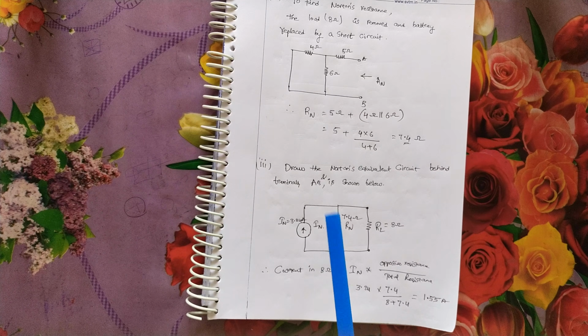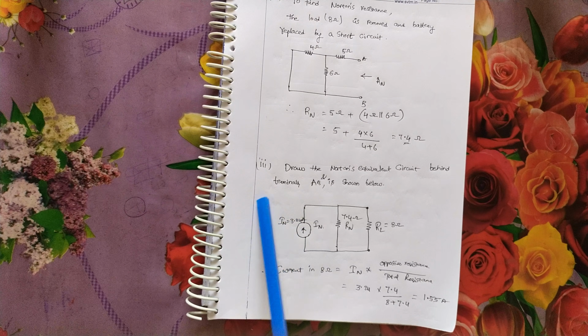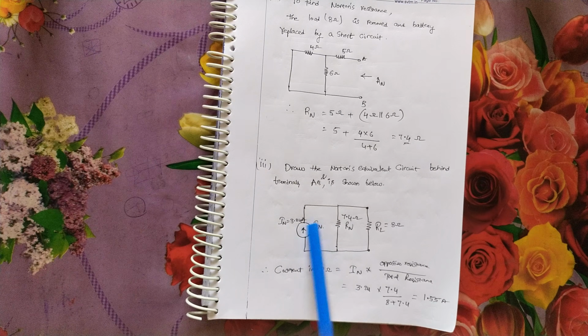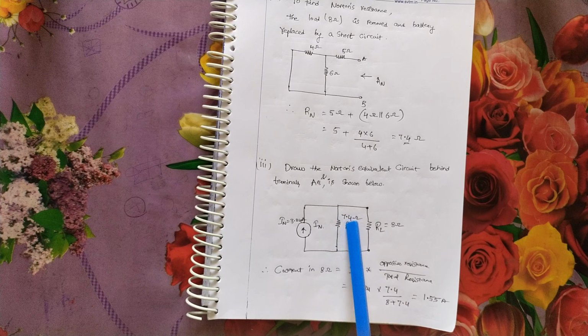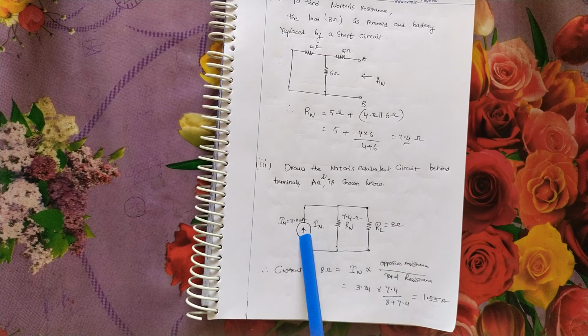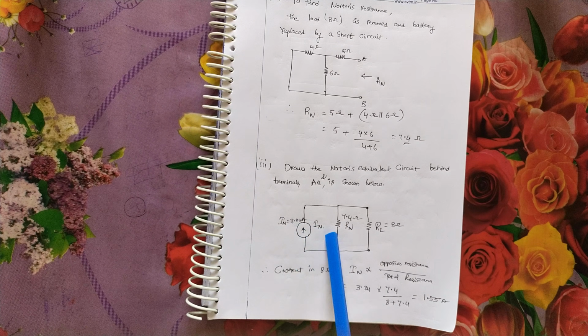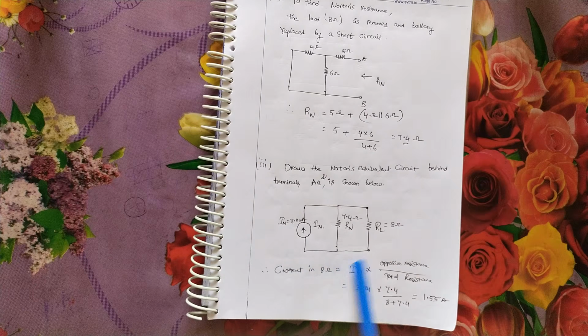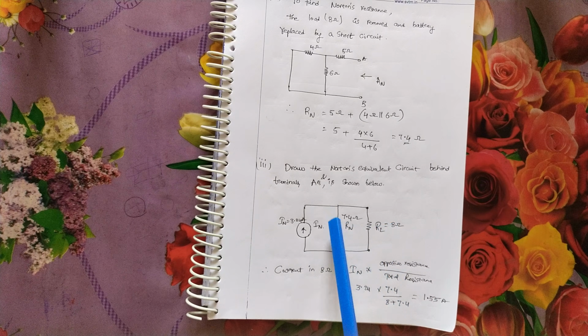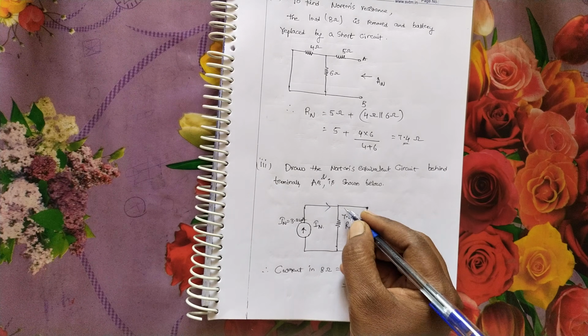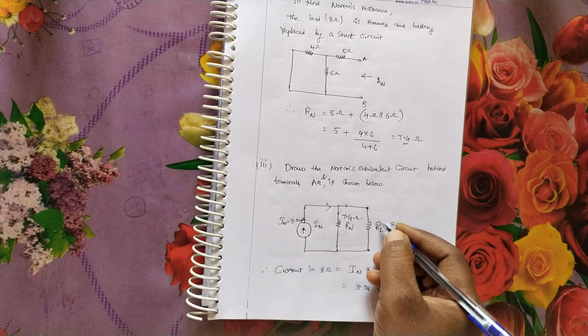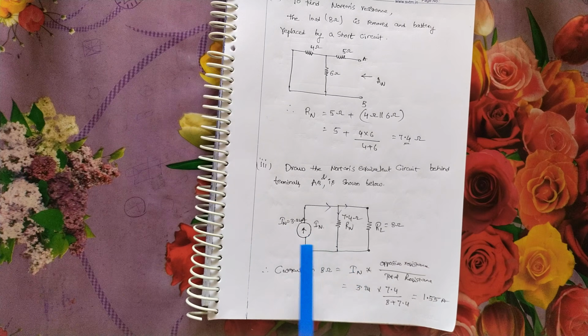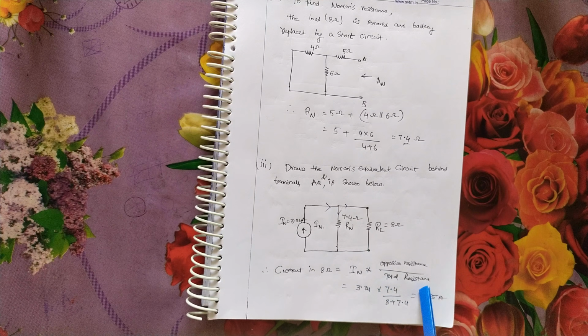After that we can calculate the current through the 8 ohms resistance. Now we draw the equivalent circuit: IN in parallel with the resistance Rn and the load resistance. IN is 3.24 and Rn is 7.4, as we calculated. The current in the 8 ohms resistance is given by the total current into the opposite resistance by the total resistance.